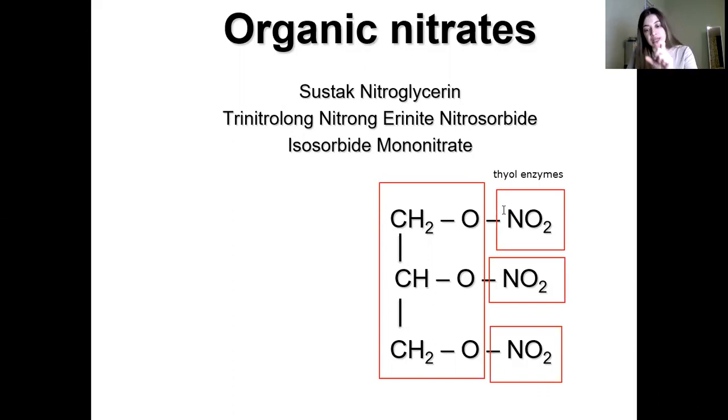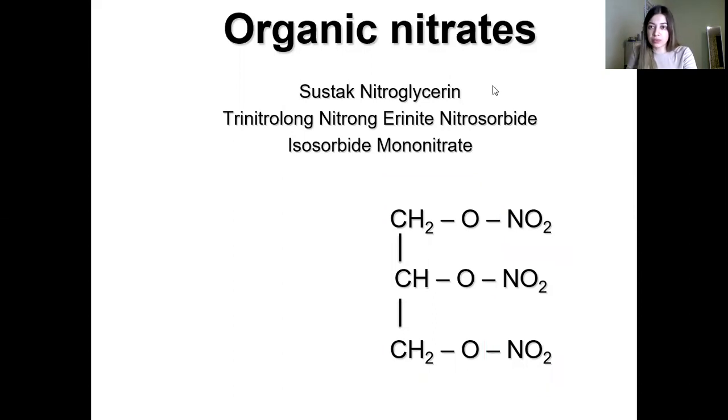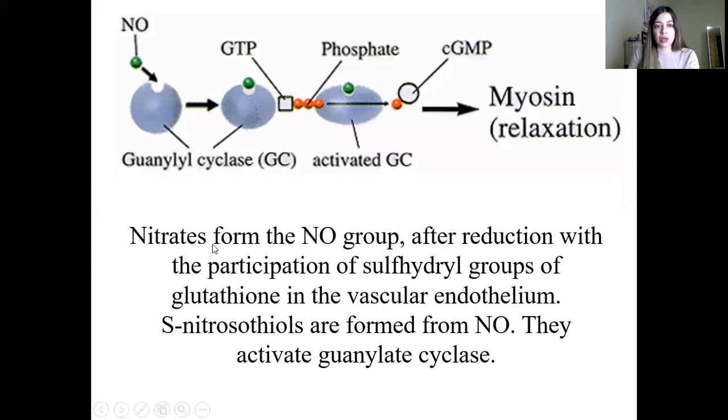Okay, so after detaching happens all that which I said. After detaching, we say that nitrates, when they already are detached, they form as nitrosothiols, and these nitrosothiols already go to the muscular cell and activate the guanylate cyclase.